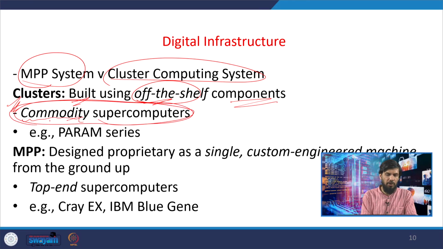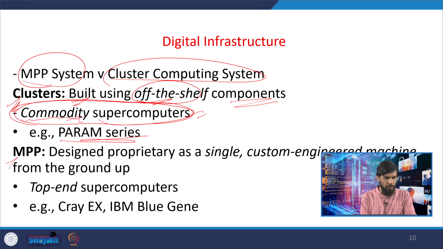Most countries and large companies, if they have supercomputers, more often than not they are going to be clusters, especially in global south or developing countries. There you would see supercomputers that are actually clusters, right. They are commodity supercomputers. For example, the Param series that we have in our country.